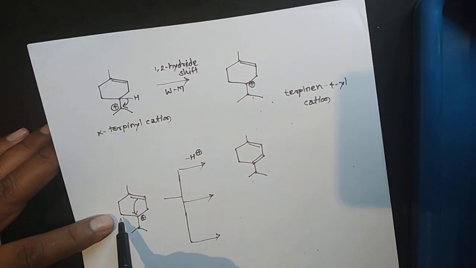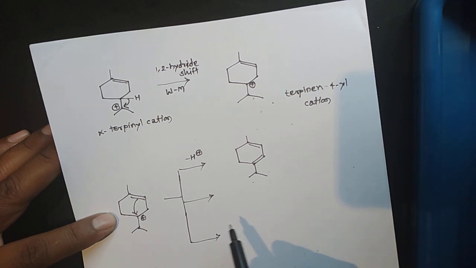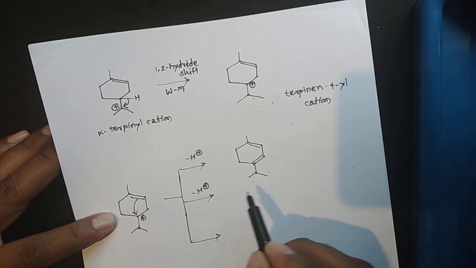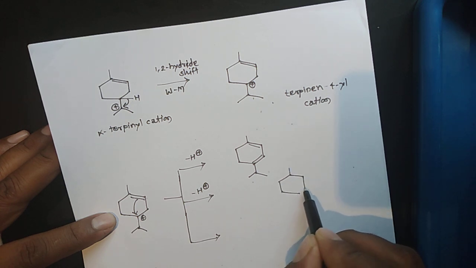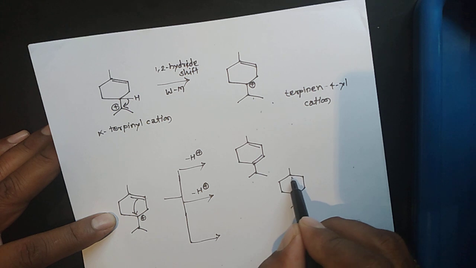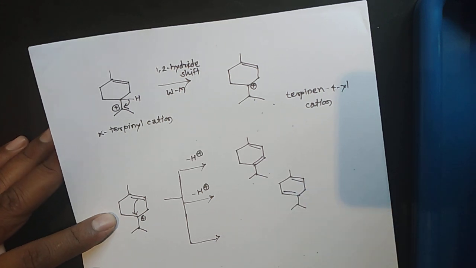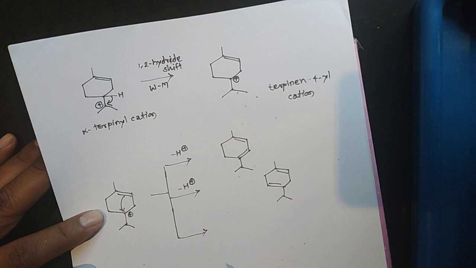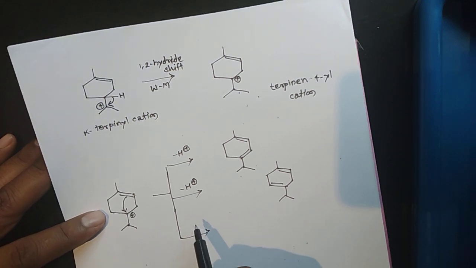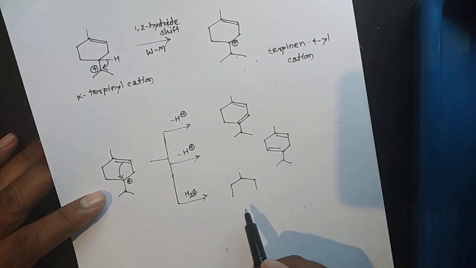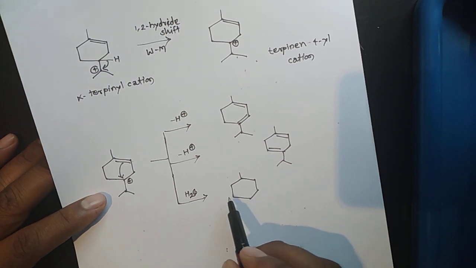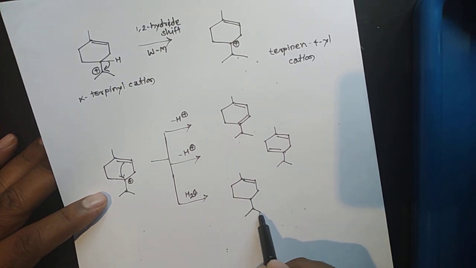Another possibility from this side, right? So again there will be removal of hydrogen from another place. This is here, so this is another compound. And for the next compound, instead of H we can hydrolyze it. So there will be a formation of OH here.